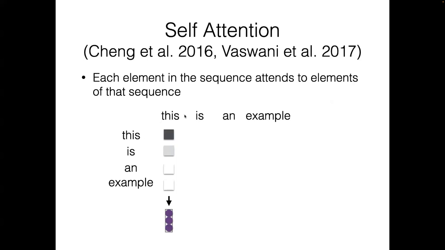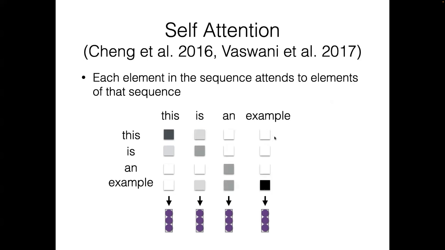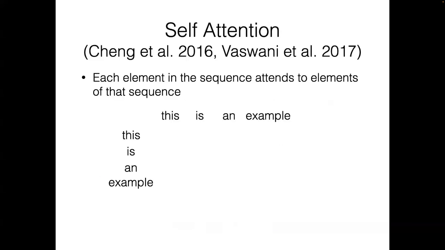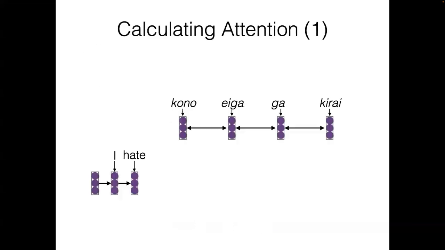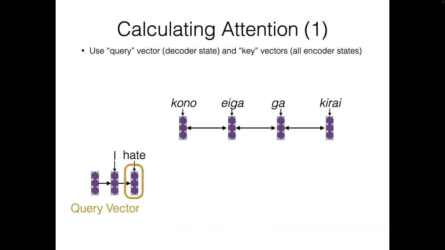So for instance, here, you again compute these attention scores, use them to take the weighted sum and get some output vector, and then do it at each position. So in both of these cases, you could think of computing these attention scores the same way, it's just with different inputs and outputs.